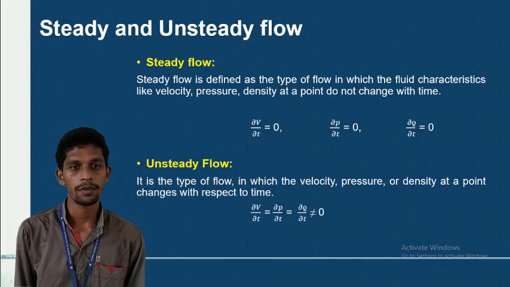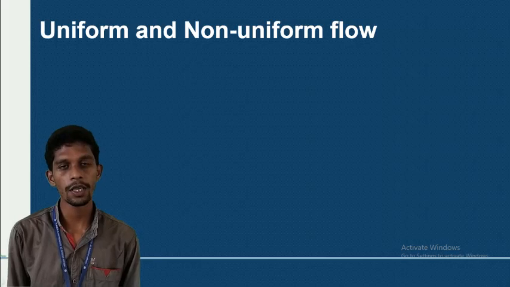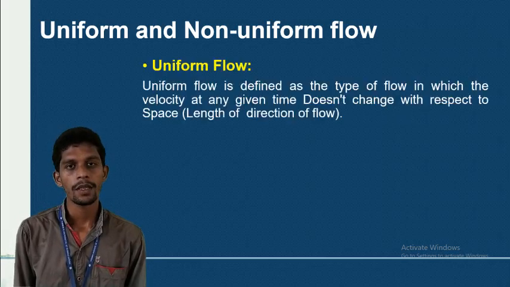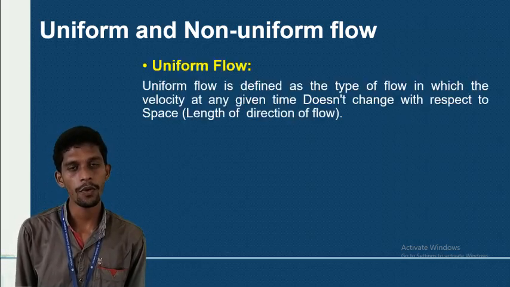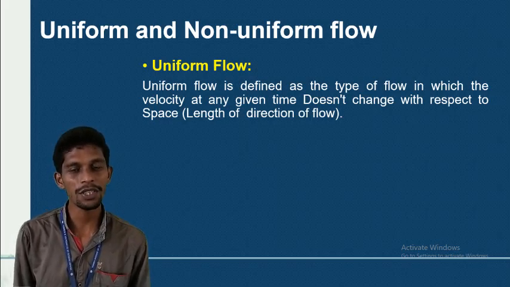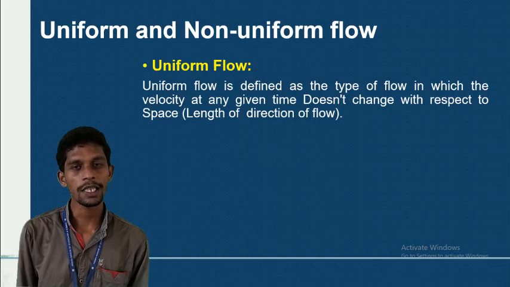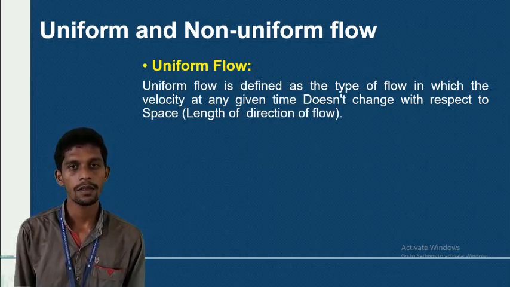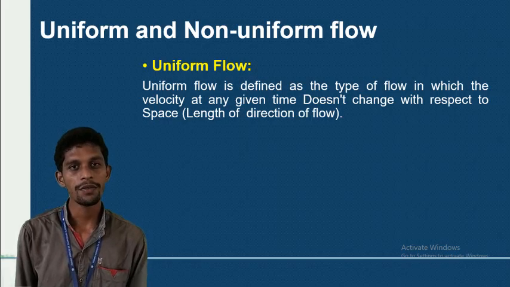See the next one. What is uniform flow and what is non-uniform flow? Uniform flow is a type of flow in which the velocity of the flow does not change with respect to space.